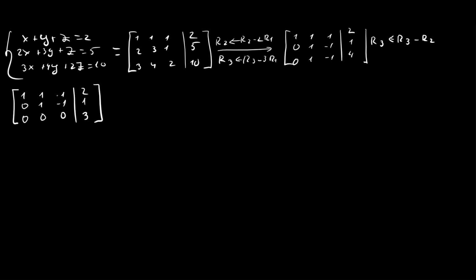Okay, as you guys see, we get a contradiction here because 0 cannot equal 3. Therefore, this system has no solution.